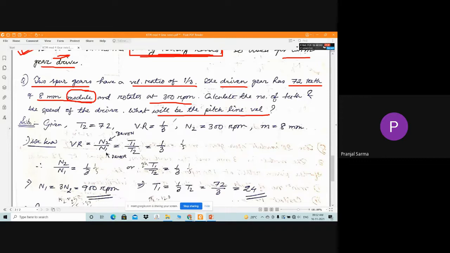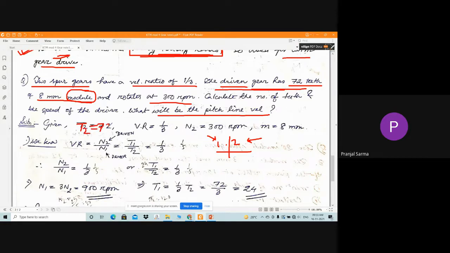The suffixes 1 and 2 we'll be using for the driving and driven gears. Generally 1 is for the driving gear, or ultimately the input, and 2 is for the driven gear. Now, what is given? The driven gear has 72 teeth, so T2 is given as 72.